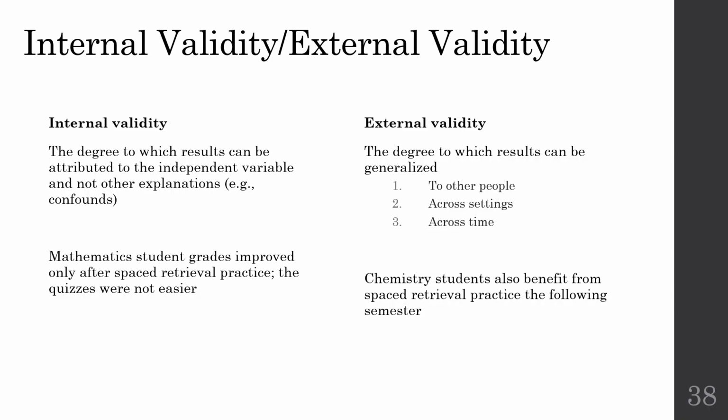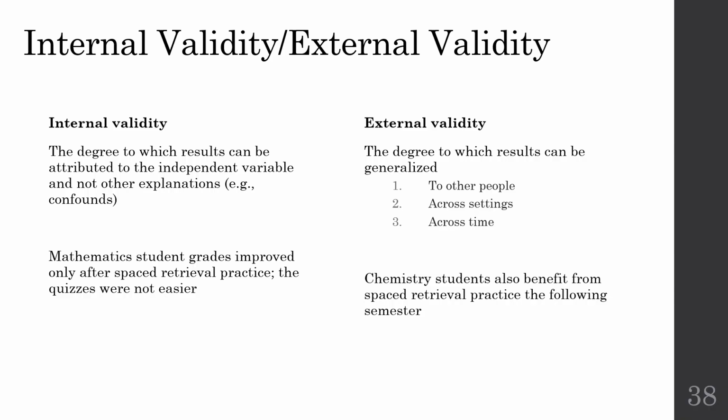So in this case, they didn't actually change the difficulty of any given quiz that they were taking. So they did some behavior, and we saw that it did actually work to change their scores. So the scores were internally valid. They were measuring that change based on this spaced retrieval practice that the students did. So internally valid measures are measures that, in fact, do accurately measure what they set out to measure.